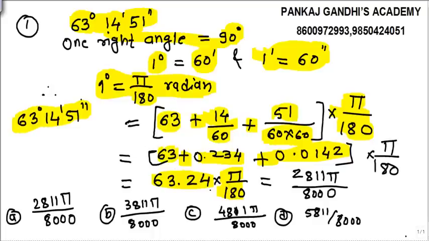63 upon 180 means it must be a 1/3 value, so the answer must be near 1/3, because the options given are 2811 pi upon 8000, 3811 pi upon 8000 and so on.